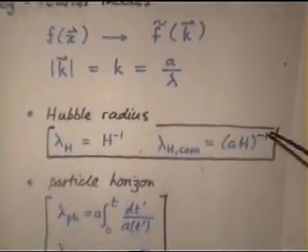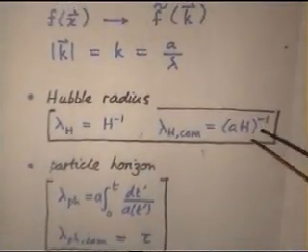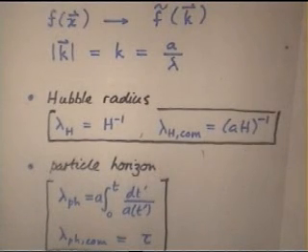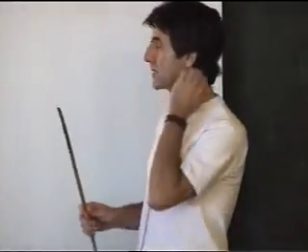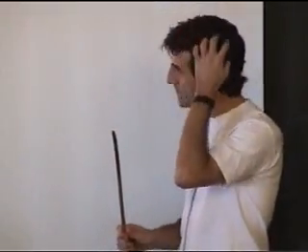So as I said earlier, this quantity 1 over ah is a key quantity. It's just the co-moving Hubble radius in the universe. So it's the co-moving scale which corresponds to the Hubble radius in the expanding universe.